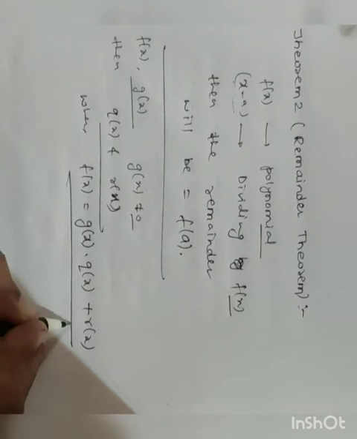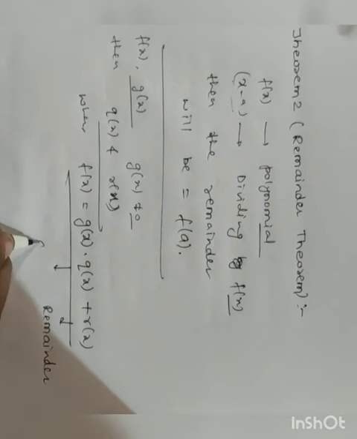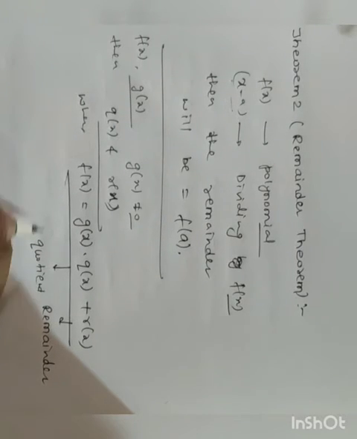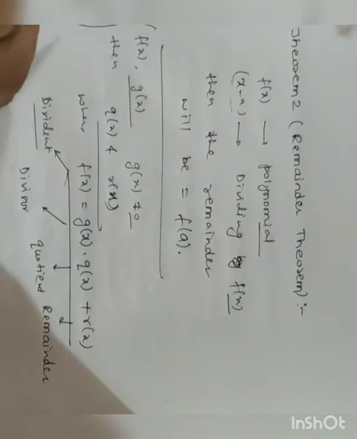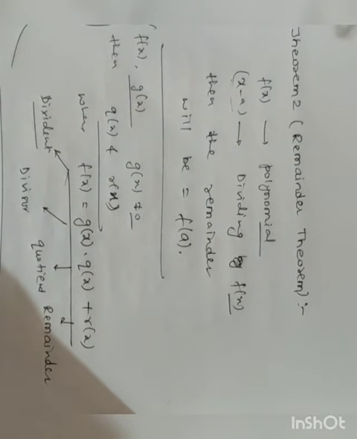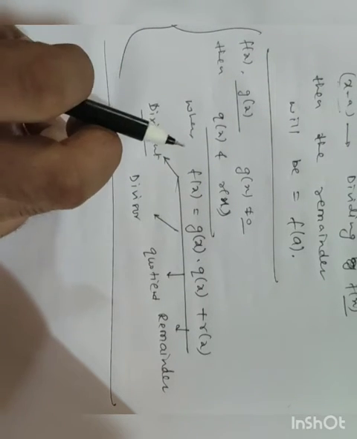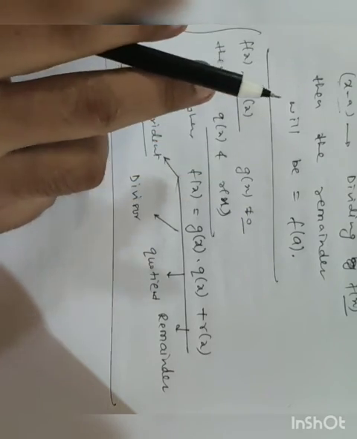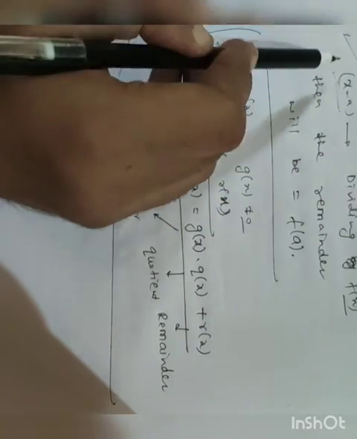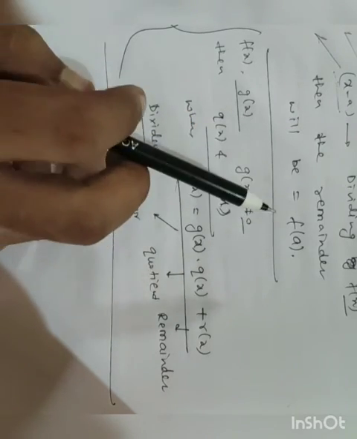So here r(x) is the remainder, q(x) is the quotient, g(x) is the divisor, and f(x) is the dividend. This is according to the division algorithm. Now let's extend it to prove the remainder theorem. In the remainder theorem we have a polynomial f(x) and we are dividing it by x minus a. So f(x) is the dividend, x minus a is the divisor, and it says that the remainder will be f(a).